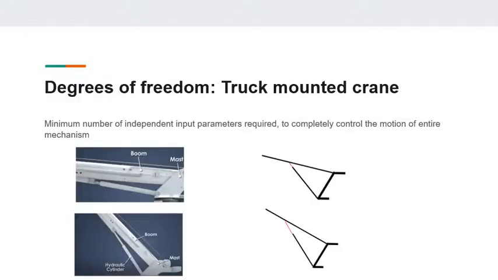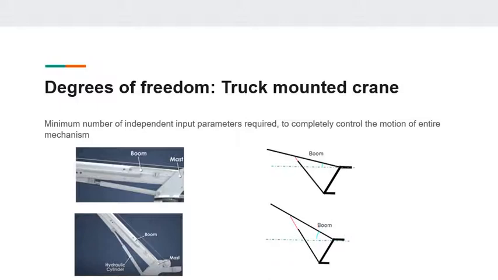Once again, let us consider the truck-mounted crane. This is the line diagram of the mechanism. Varying the length of the red link, the angle of the boom is controlled. So, the entire mechanism is actuated by varying just one parameter of the mechanism, which is the length of the red link.